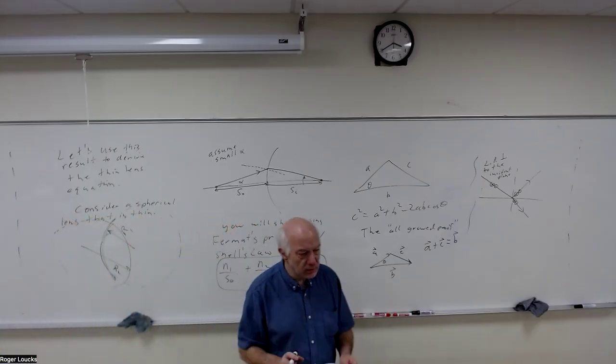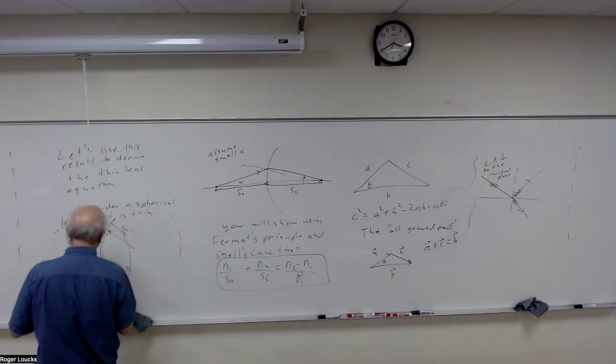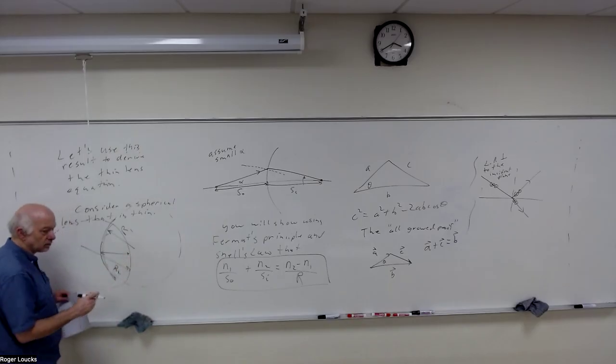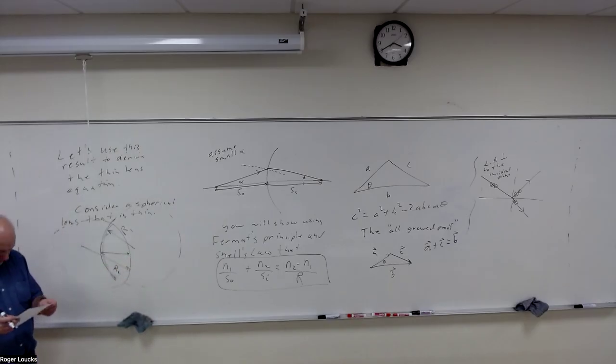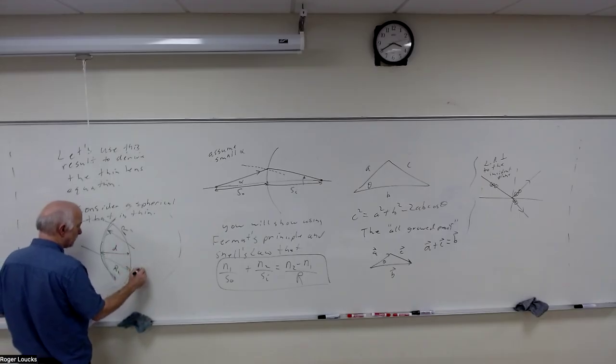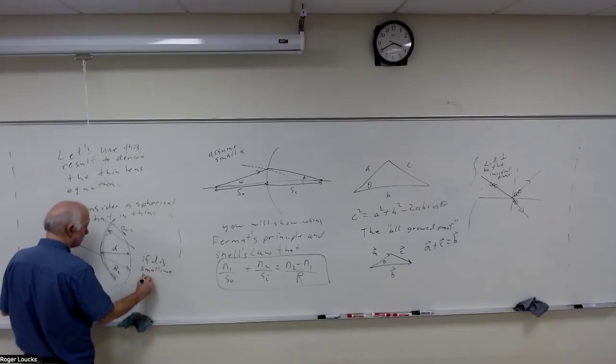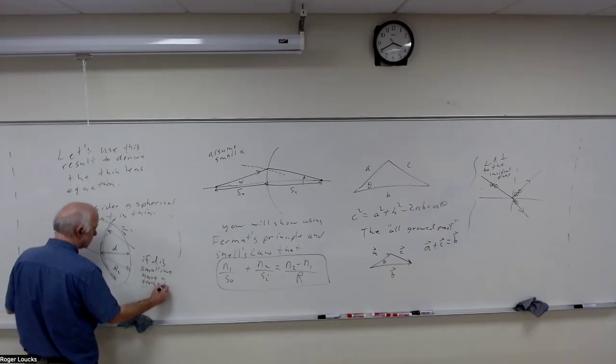What do you think it means to be thin? It means that this part right here is going to be small. Does it have a name? That's just called D. So if D is small, we have a thin spherical lens.